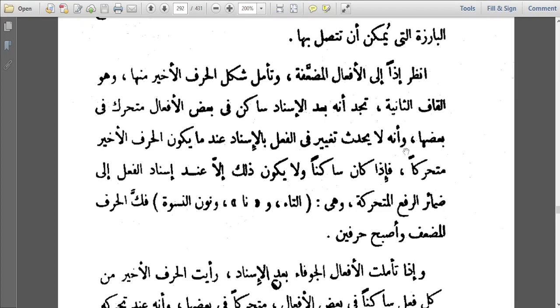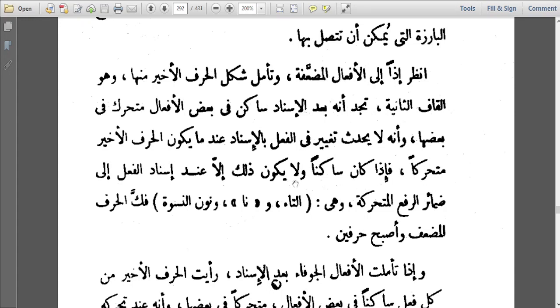And then he's telling you that when the last letter has a vowel, there is no change when the isnad is done. Isnad means connecting it to the ضمير الرفع.